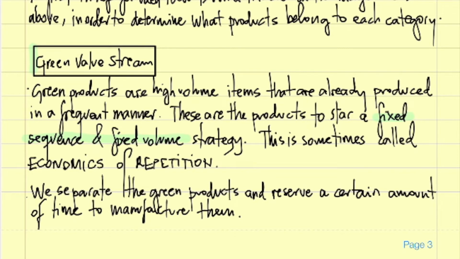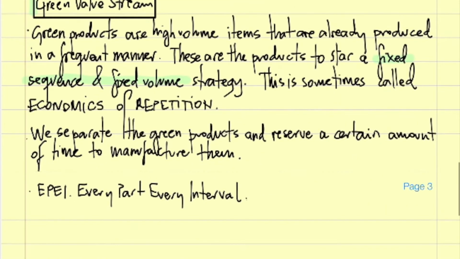This is what we called the production by, or the delivery by EPI. Every part, every interval. Okay, here we produce the products in cycles. Okay, we fix the cycle and fix the sequence and fix the volume. The KPI is a certain KPI. I'm not going to get into it, but so that you have heard it.